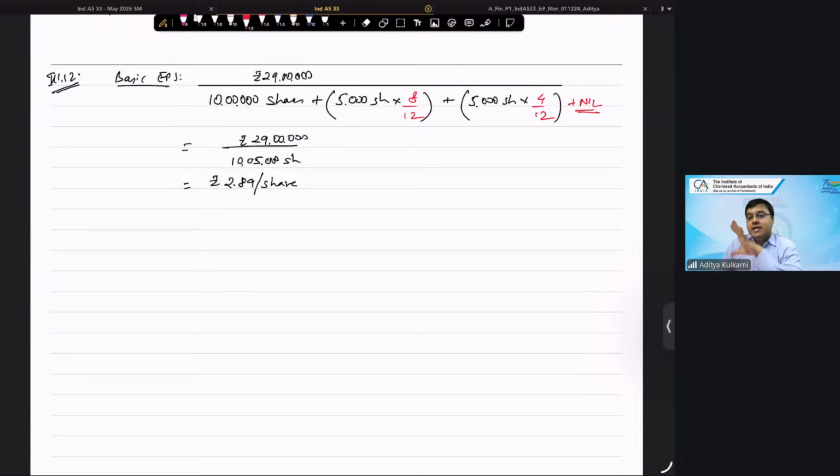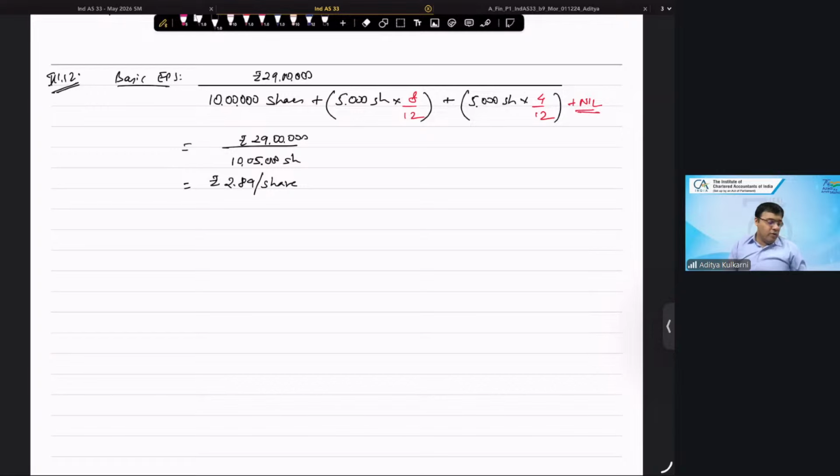Even assuming everything is ready, assuming you get your balance sheet audited and signed on 1st April, even then your profit. So shares will be issued only after 1st January in this case. So up to 31st December, there won't be any issue of shares. So basic EPS में वो nil ही रहेगा.